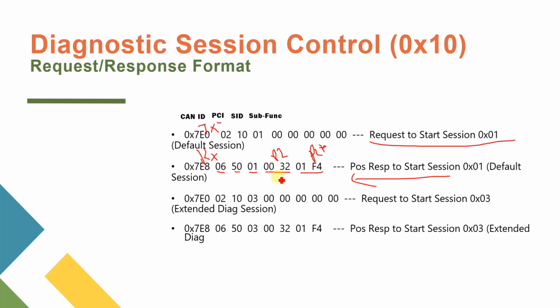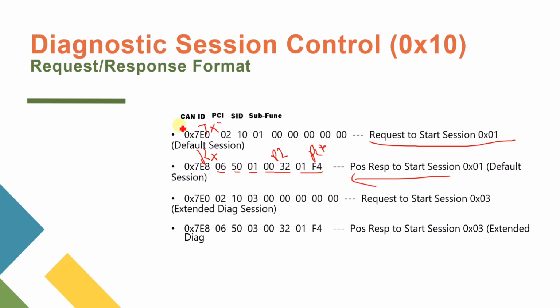Project specific configuration will be there. If you configure 50 millisecond, then 0032 is decimal 50, so it's 50 millisecond. 01F4 is 500 times some resolution. If you see, 5000 millisecond will come, so that is the P2 star. The P2 star is configurable and depends on the project.